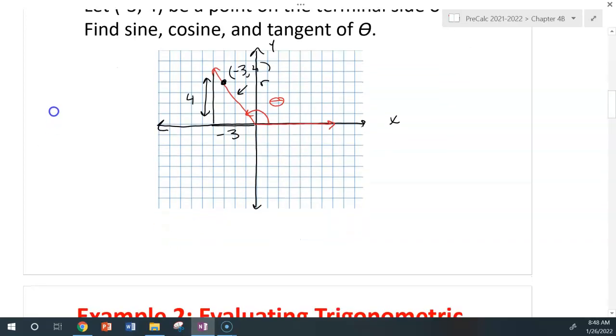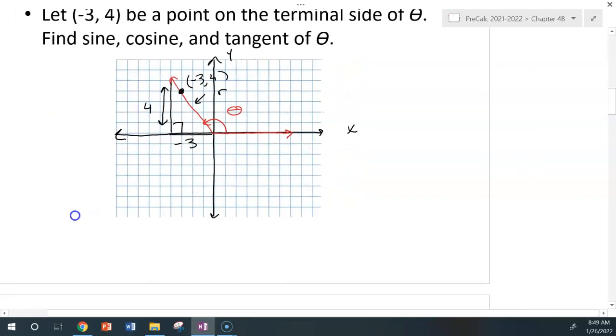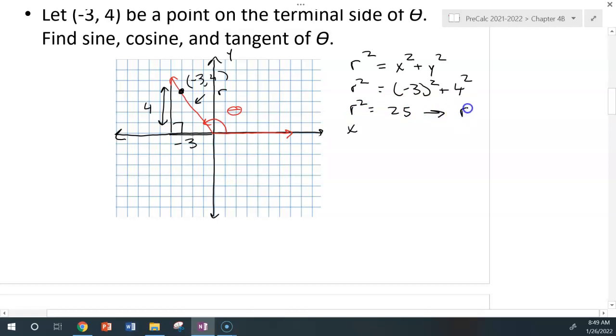So I have a right angle right here, so I can use the Pythagorean theorem to get r. So r squared is x squared plus y squared. Just plug in what you know. So r squared equals (-3) squared plus 4 squared. So r squared equals 25, which means r equals 5.